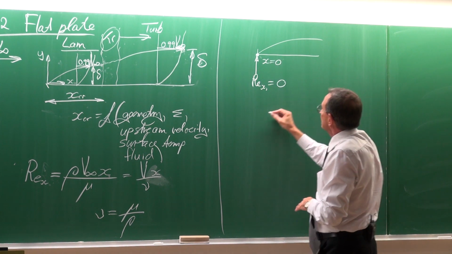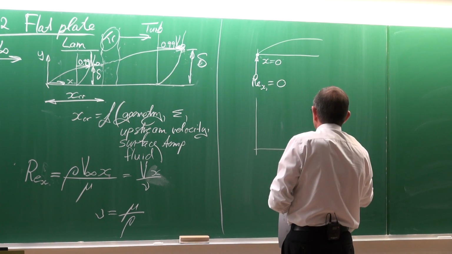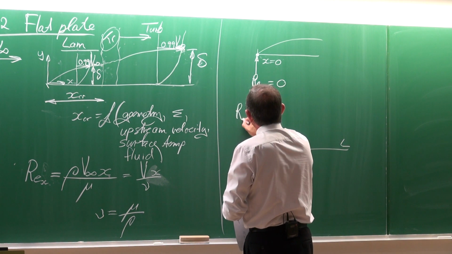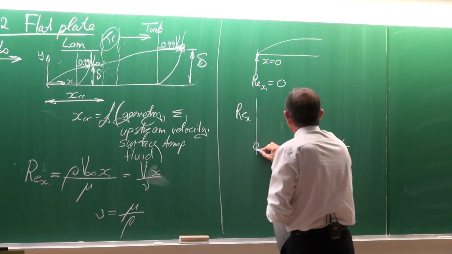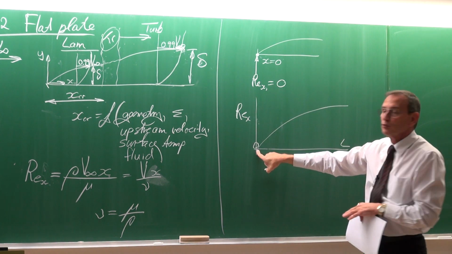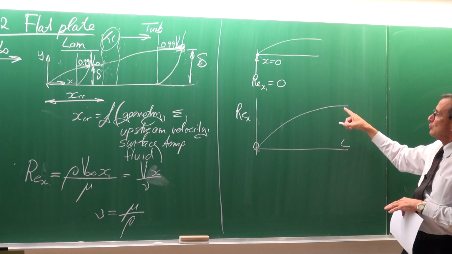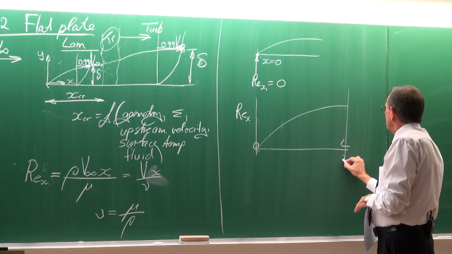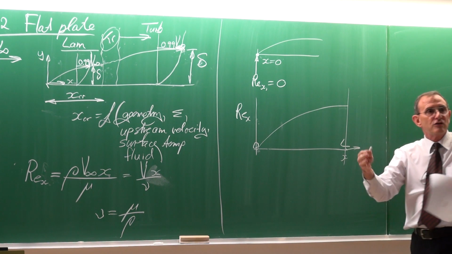So it means that the Reynolds number, if we plot it from 0 to L, of the local Reynolds number, would typically do something like that. It would be 0, and then it will increase as a function of x up to the length of the body.